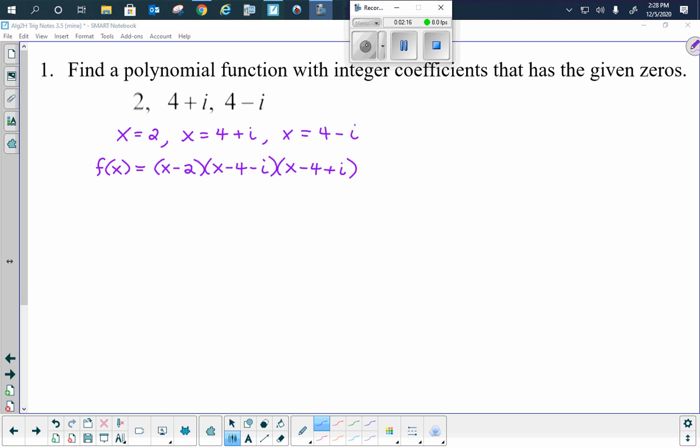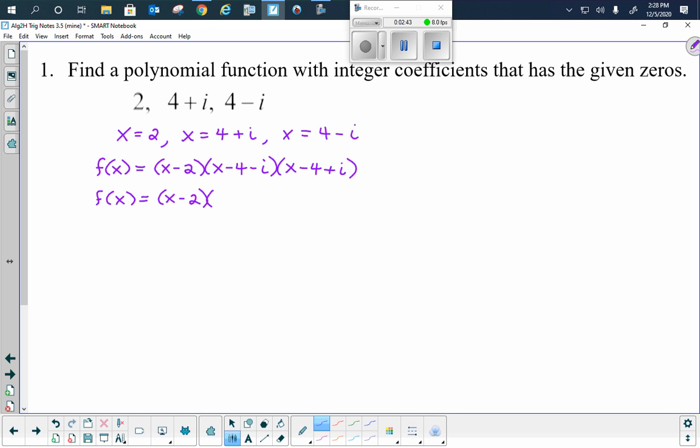All right, let's see how you did, at least starting. So you would be saying x equals those 3 zeros. Okay, turn them into factors, which means set the right side equal to 0 for each of those roots or zeros above. Turn them into factors, and then remember your job is now to multiply them out. So it's going to be easiest to keep the x minus 2 together and start with the other 3 terms by 3 terms.